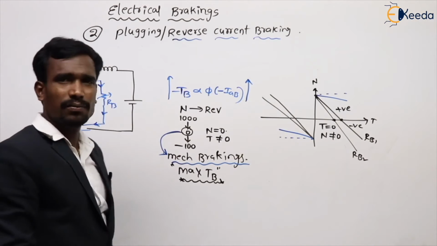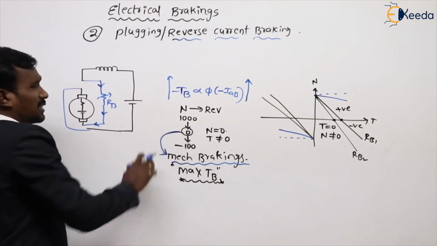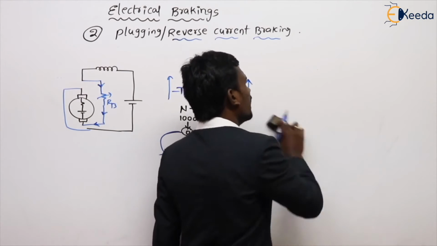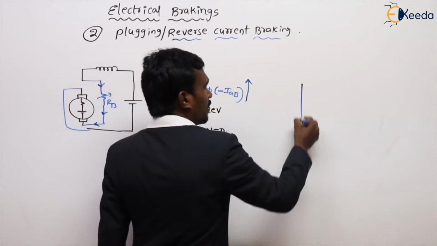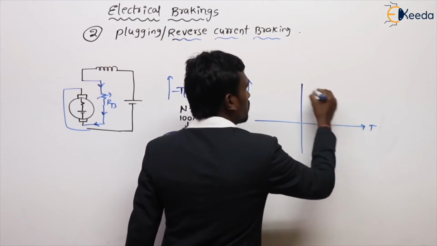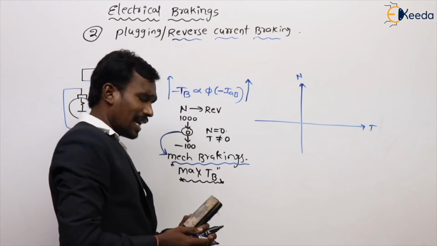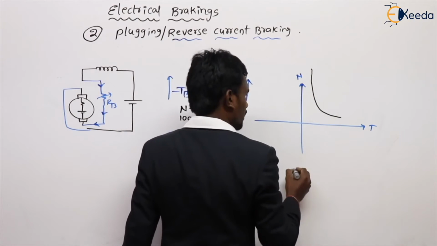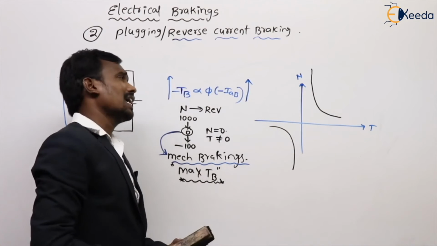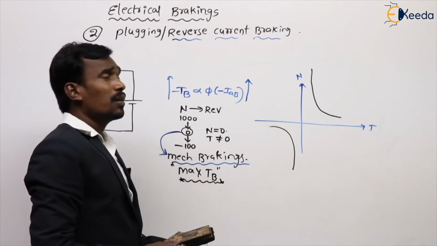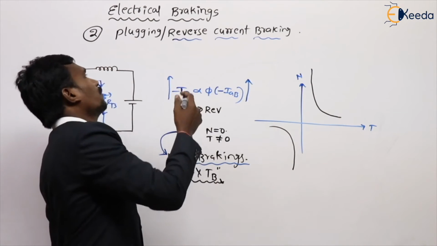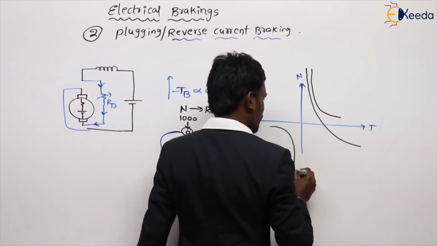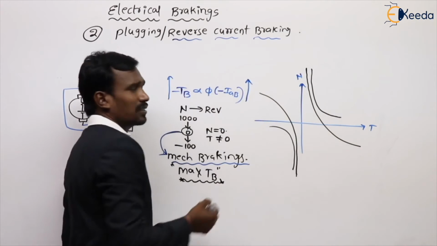Everything is similar. And in this method, what are the characteristics for series motor? See, this is a series motor, right? What are the speed torque characteristics for series motor? We know the speed characteristics are like this in normal motoring and reverse motoring. But when we are going for plugging in braking condition, the speed characteristics are like this.